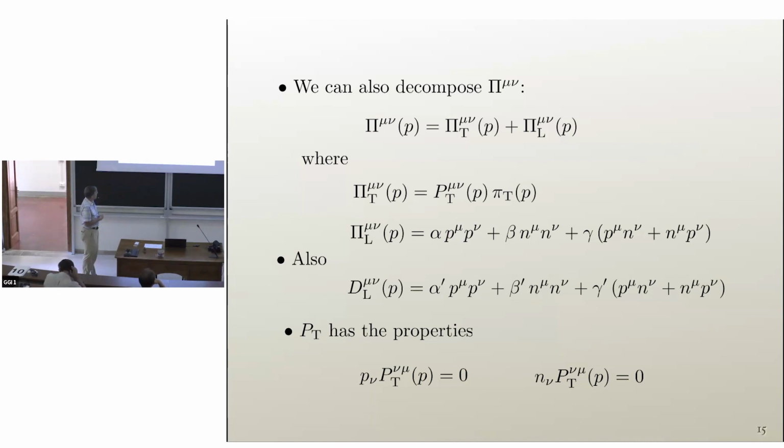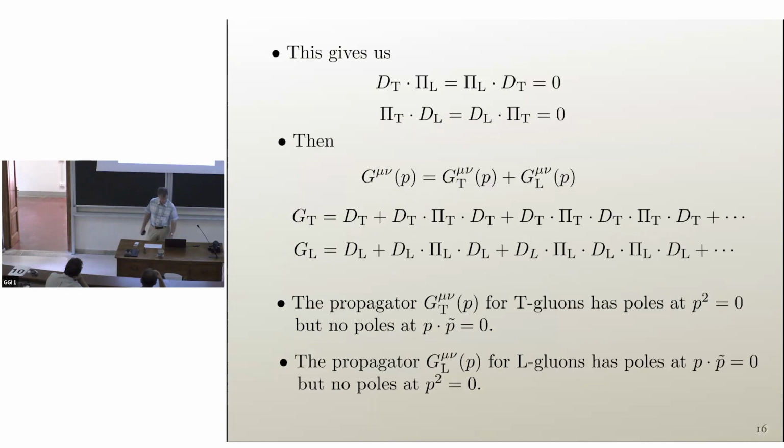So P dot this tensor P transverse and N dot P transverse are 0, because the epsilons are perpendicular to Q and N. So those things all together give us D transverse times pi L equals 0, and pi transverse times D L equals 0.